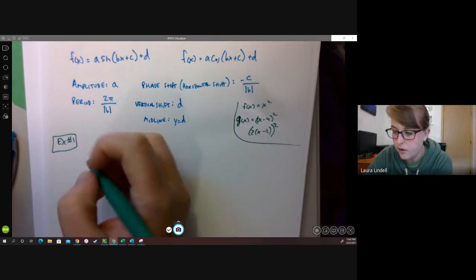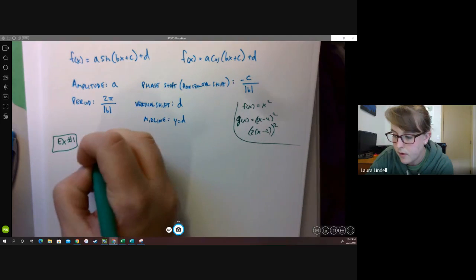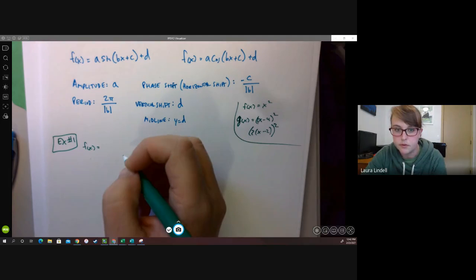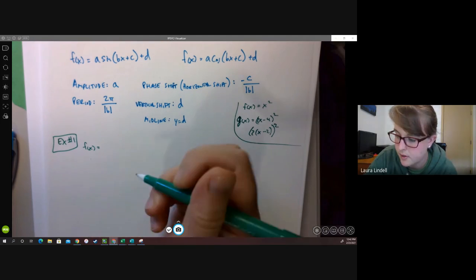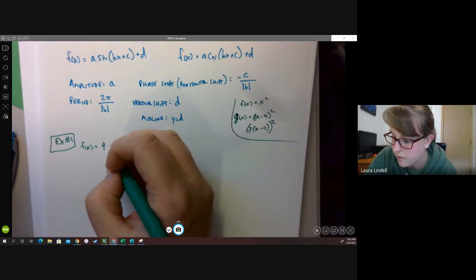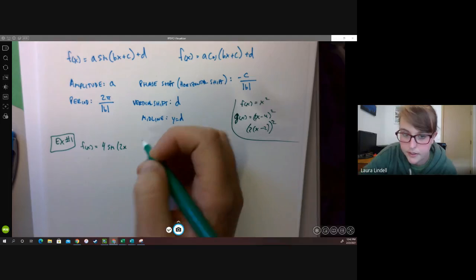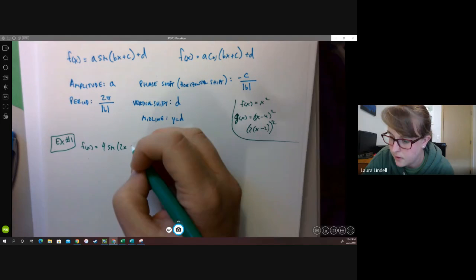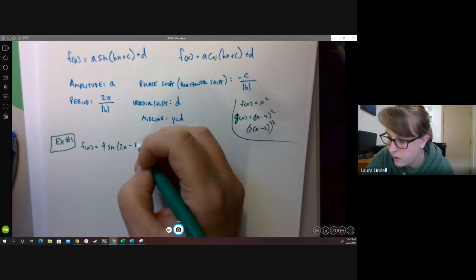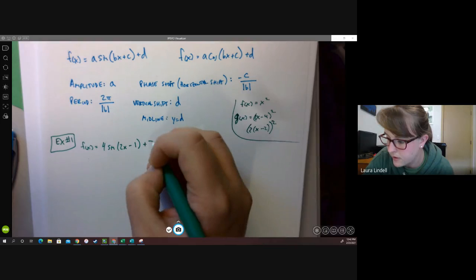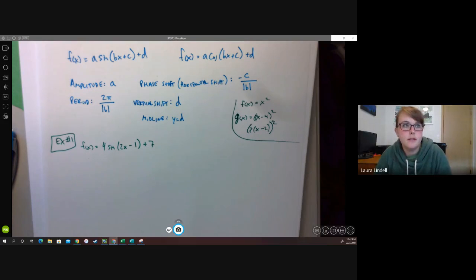We'll go f of x equals 4 sine of (2x minus 1) plus 7. And we want to find all of these different things: period, phase shift, amplitude, vertical shift, all that good stuff.